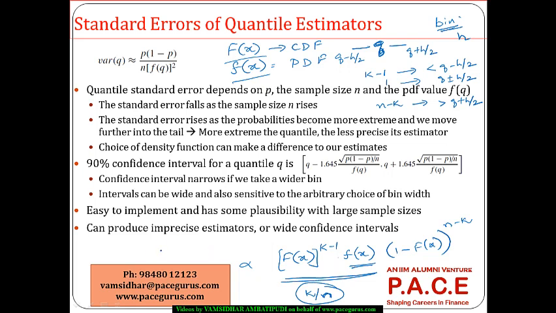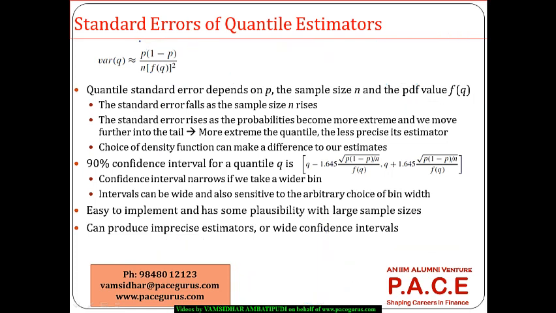So we can look at this as the probability P. What is the proportion of values that are much below and the proportion of values that are much above? That is what comes out to be P. Very low proportions and very high proportions mean we are talking about the tails.